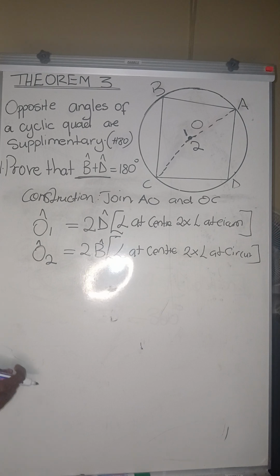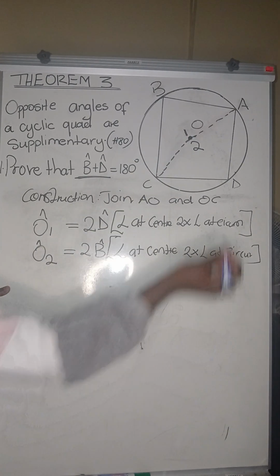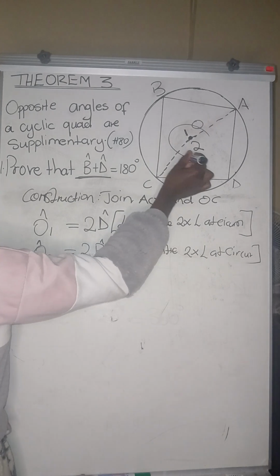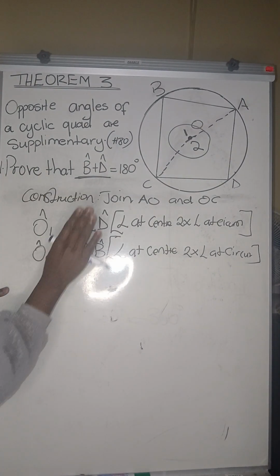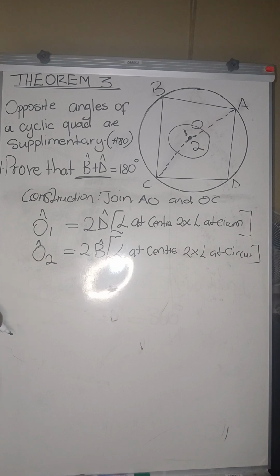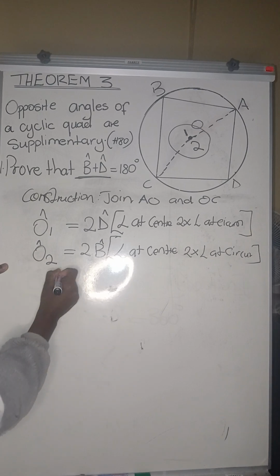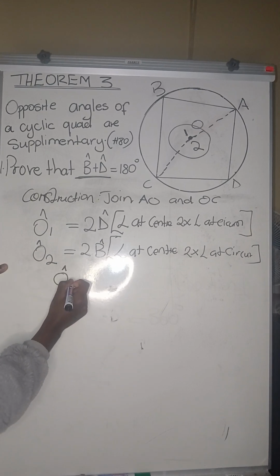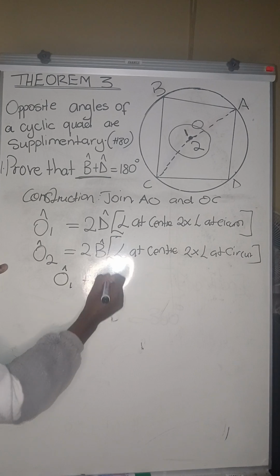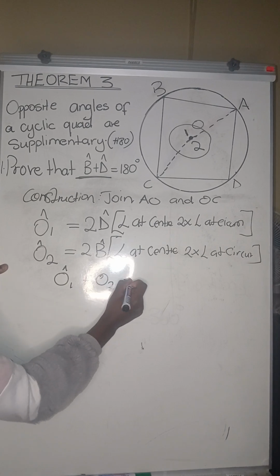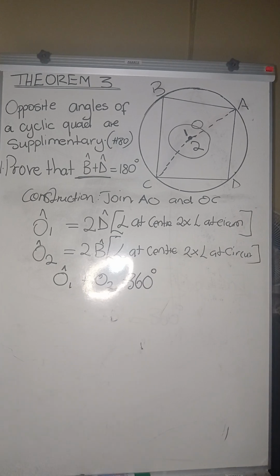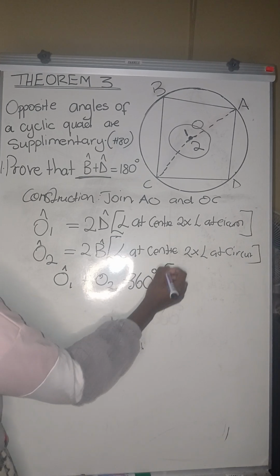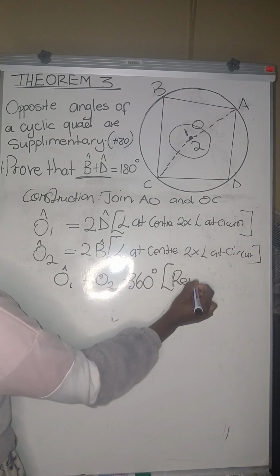So O1 and O2 form 360, which means O1 plus O2 is equal to 360. Why do we say that? It is the revolution.